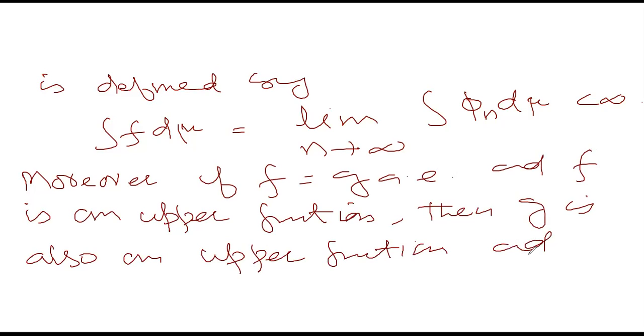Not only this, their integrals are the same. The integral of f d mu is equal to the integral of g d mu, because both have the same generating sequence. If phi n is a generating sequence of f, then phi n is also a generating sequence for g. So the integral of f, which is the limit of the integral of phi n, is the same as the integral of g. So both integrals are equal.